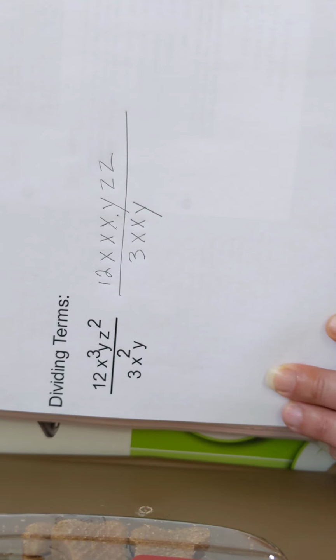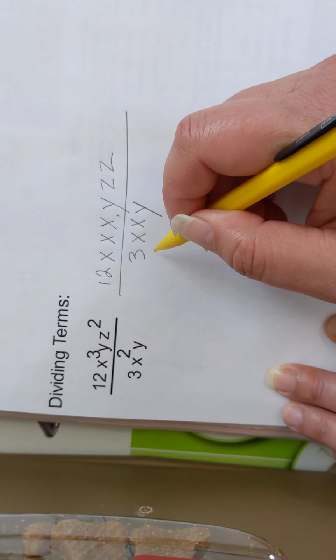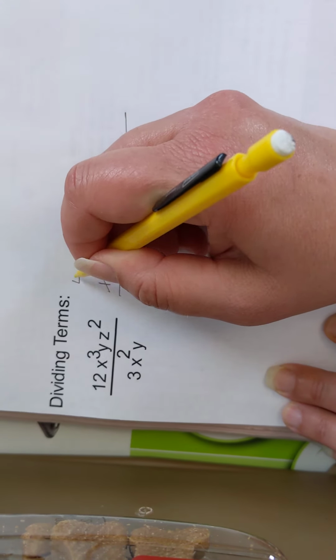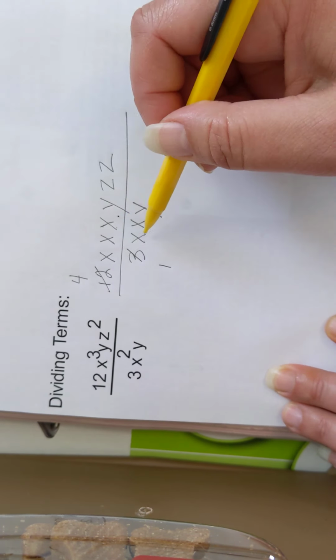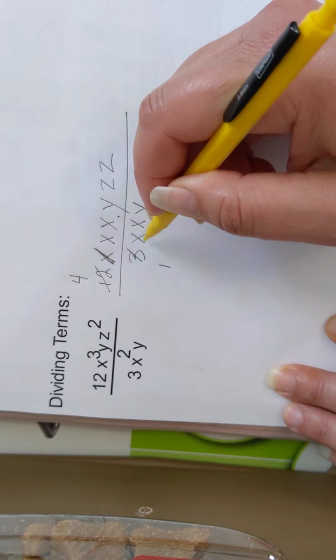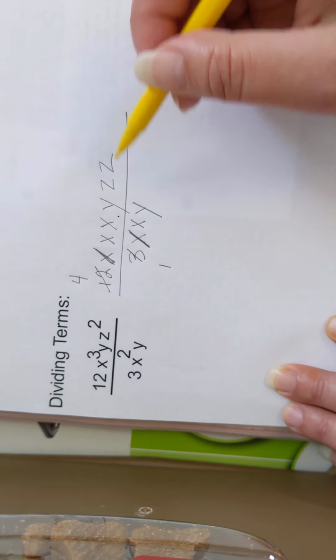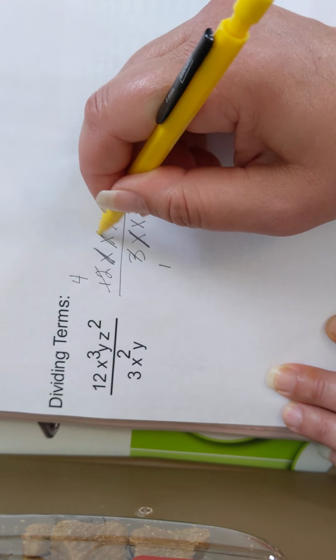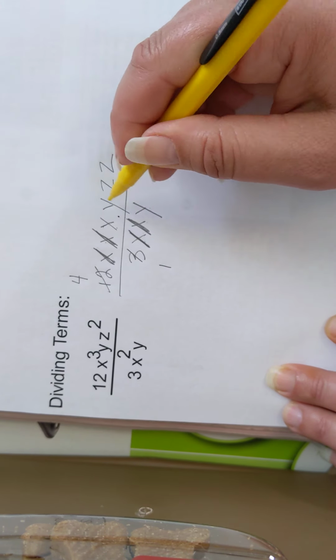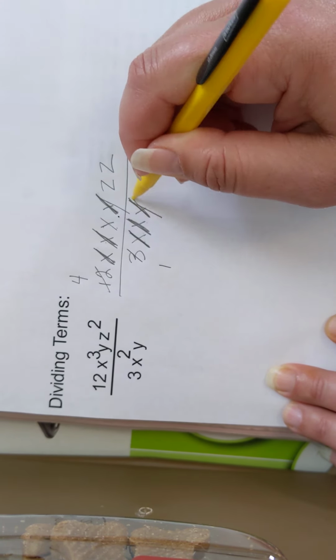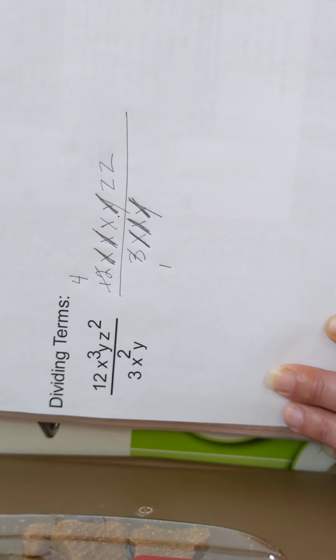Now I can do some canceling. So my 12 and my 3, that'll become a 4 and a 1. I see I have an x on top and an x on bottom. They can cancel. I have an x on top and an x on bottom. They can cancel. I have a y on top and a y on bottom. They can cancel.